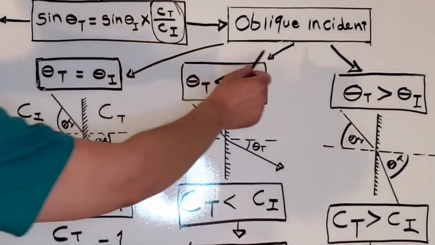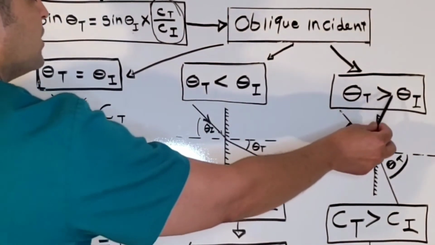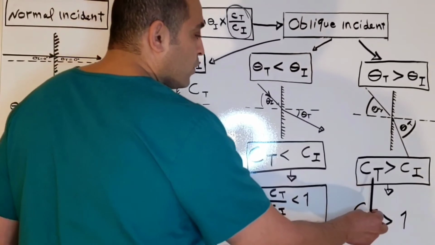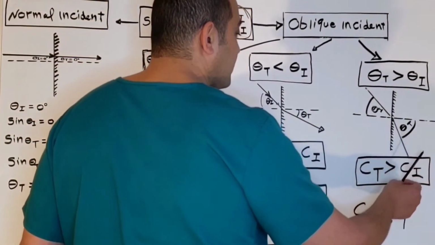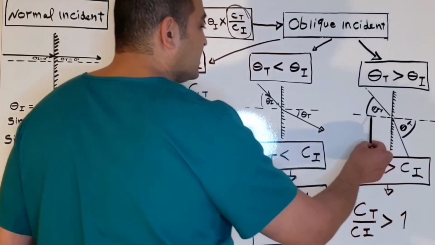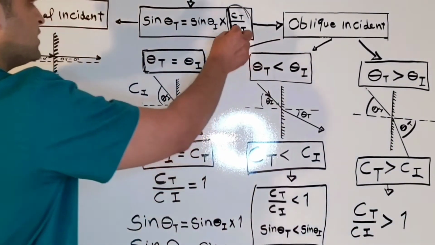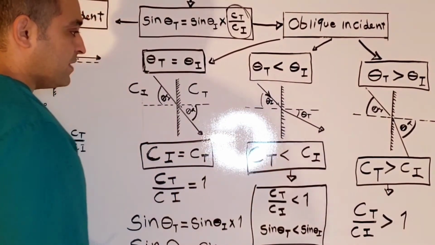The third case that we have with oblique incident is the angle of transmission is more than the angle of incident. And this happens when the propagation speed in the transmission medium is more than the propagation speed in the incident medium. Again, we'll use this part of the equation to understand why this happens.